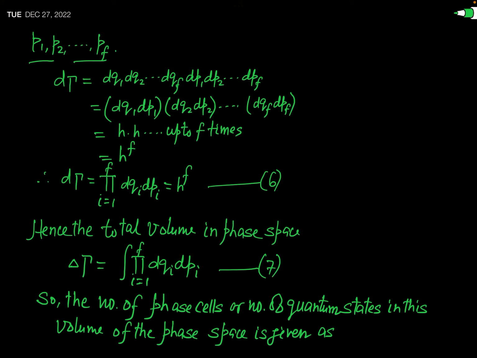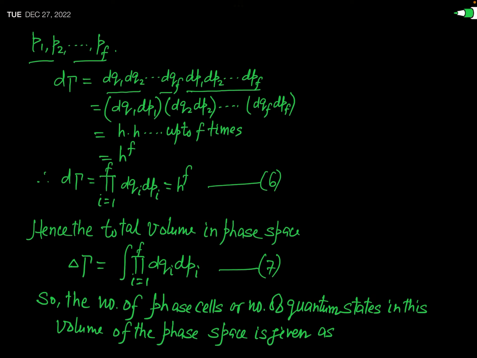So in this phase space, what will be the volume of the phase cell? As you know, the volume of the phase cell is simply the volume in position space times the volume in momentum space. That will be dq1 dq2 and so on up to dqf, times dp1 dp2 and so on up to dpf.